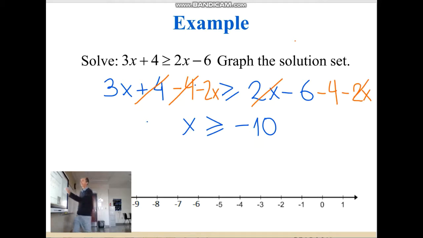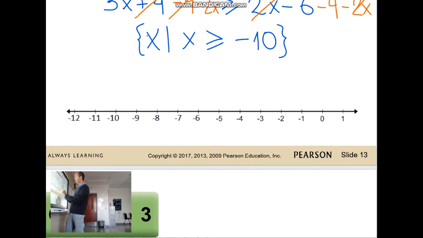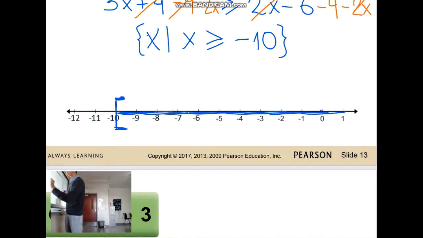If you want to write this in set notation, it is x such that x is greater than or equal to negative 10. This is set notation. Representing using the number line, we have the equal sign. That means we will represent using the bracket here on negative 10, and everything that's greater than negative 10, on the right-hand side of the number line, is included all the way to infinity.